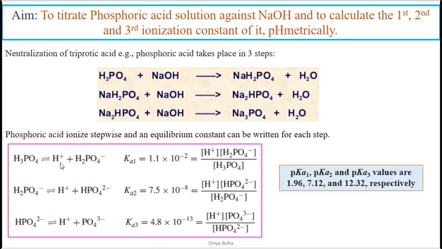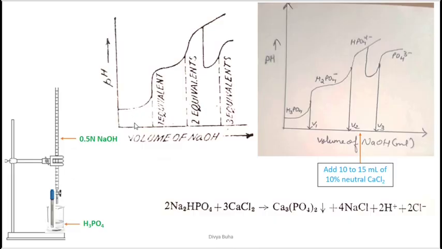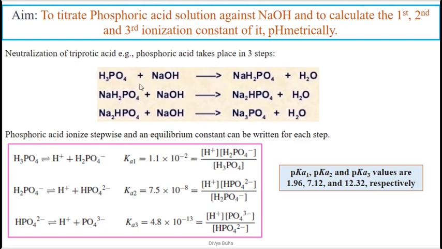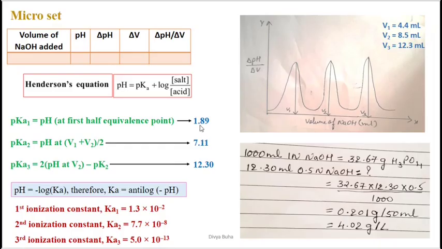At half of the equivalence point, the first proton would be half neutralized. So in the beaker, there would be half the amount of the salt and half the amount of the first proton. In that case, the concentration of the salt and the concentration of the acid would be the same. So it would be log 1 equals 0 and pH would be equal to pK. In this way you can find out the first ionization constant, that is pKa1.